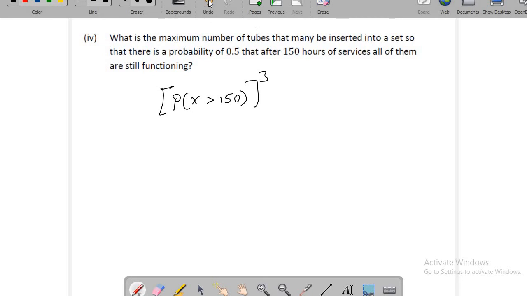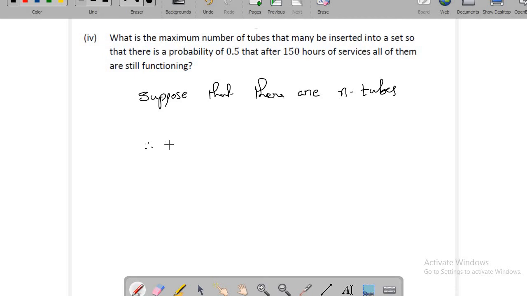So if there are n tubes, then I have to take power n. So let me assume that, suppose that maximum number is n. Suppose that there are n tubes, therefore probability that all are going to work after 150 hours. So let me write.